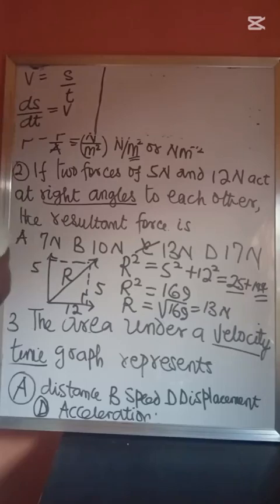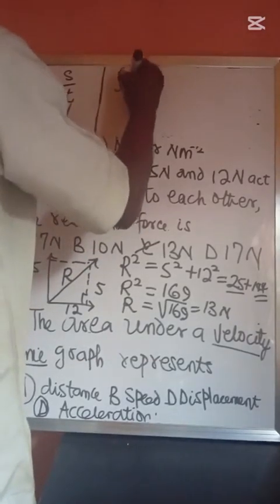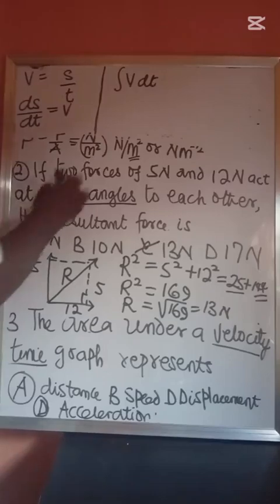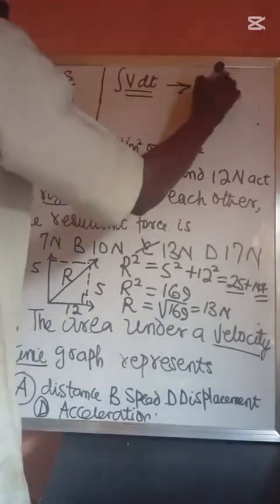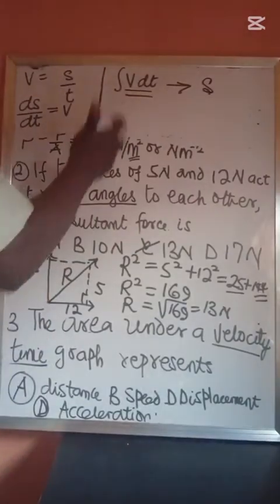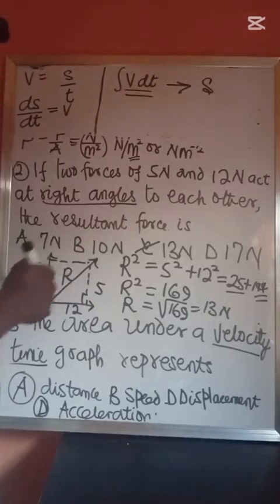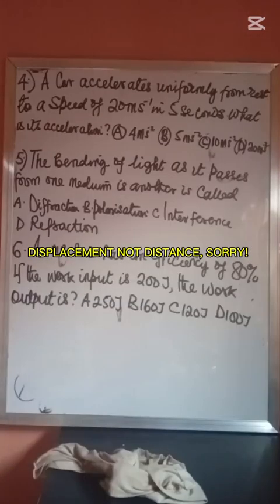So in that case, if we integrate velocity, that is the integral of v dt, if we integrate velocity with respect to t, we are going to obtain distance. So the area under a velocity-time graph is given by the distance covered by that object. And so the correct option here is option.